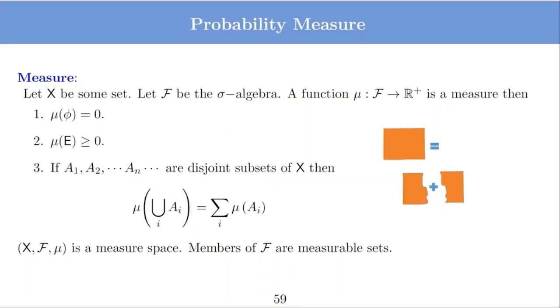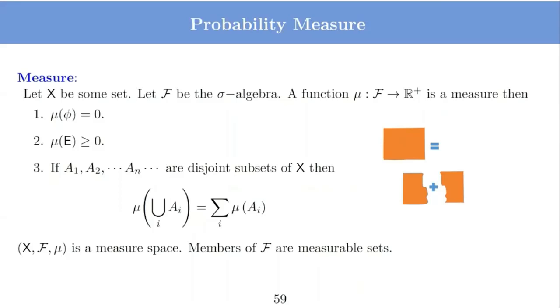Once we have this measure, I will say X, F, and mu is a measure space. This collection of three objects, where the first is the set, the second is a sigma algebra on this set, and the third is a measure on X, is called a measure space. Once you have defined a measure, all the members of F are called measurable sets because you have defined their measure.